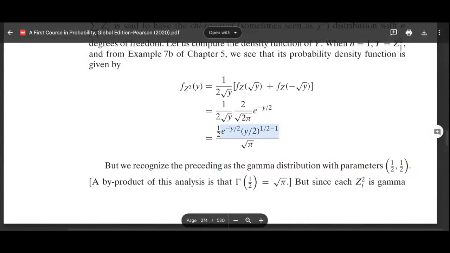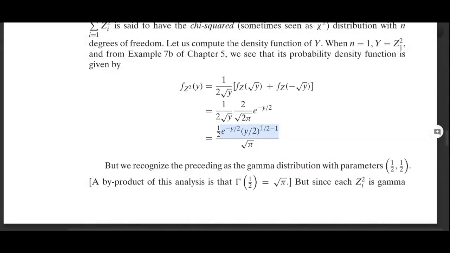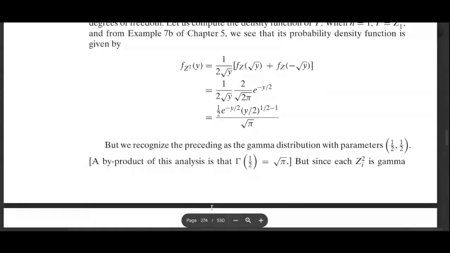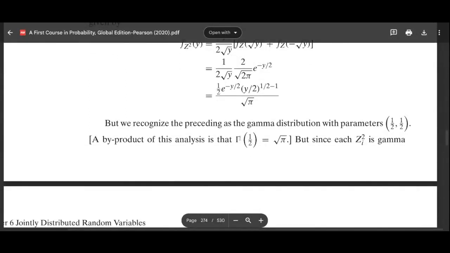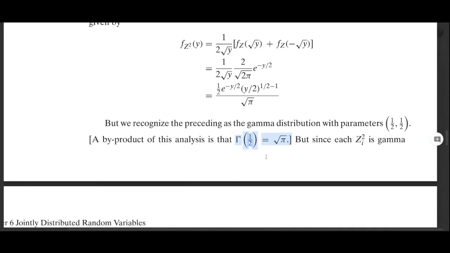Oh, okay, so you see this is e to the negative y times half, right? Half minus 1. And this is also half, y times half. This is also half. So that's just the gamma distribution with half. A byproduct of this is gamma of half equals square root pi.